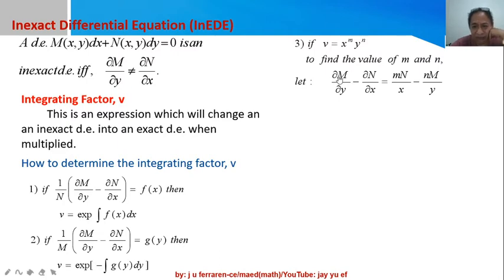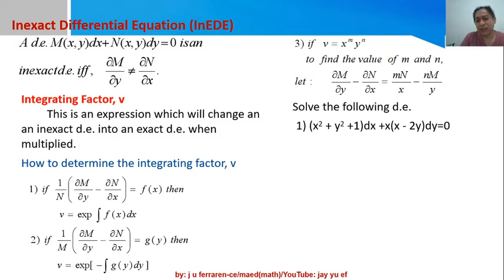We have the difference of the two partial derivatives equated to the product of the power of x multiplied with the coefficient of dy divided by x, subtracted with the product of the power of y, the unknown value n, multiplied with the coefficient of dx, which is M, divided by y. So that is how to use these three conditions in finding the integrating factor.